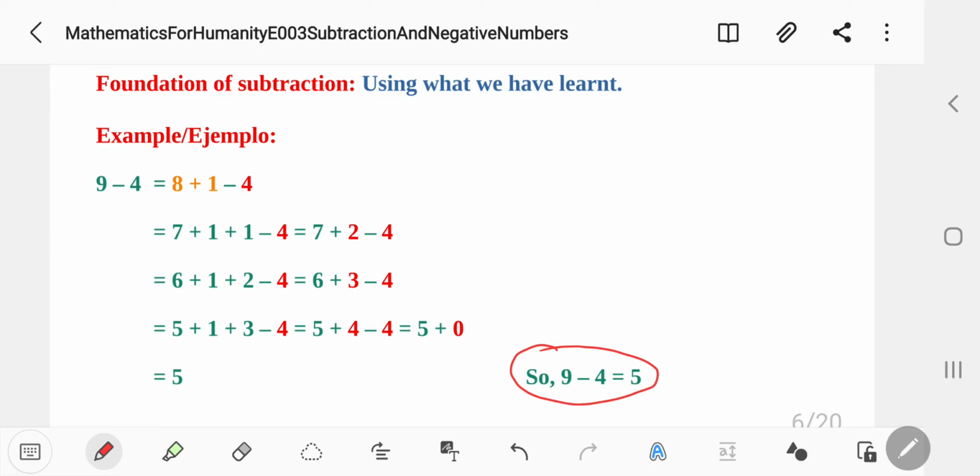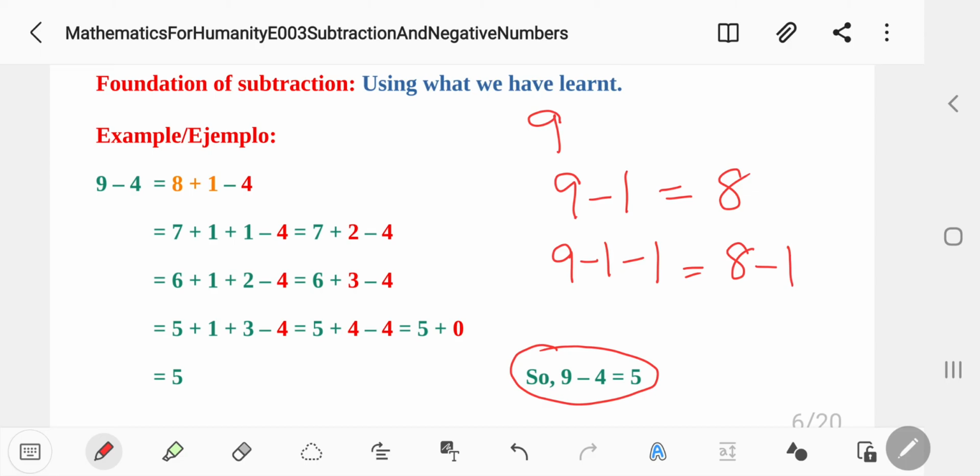You can also do it like this. So you start with 9. By applying the rule, if you subtract 1 from a number, it gives you the previous number. So if you have 9 minus 1, this is equal to 8. And the next one is 9 minus 1 minus 1, which is equal to 8 minus 1, because this is 8.